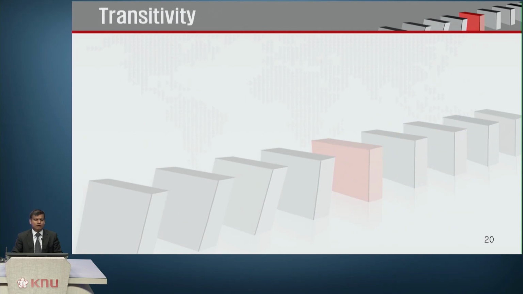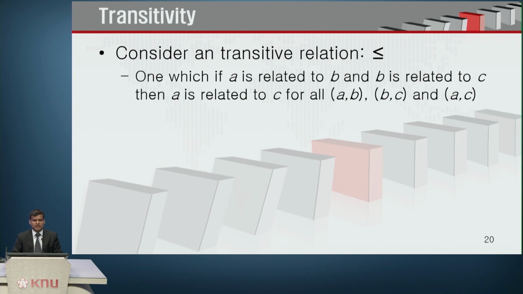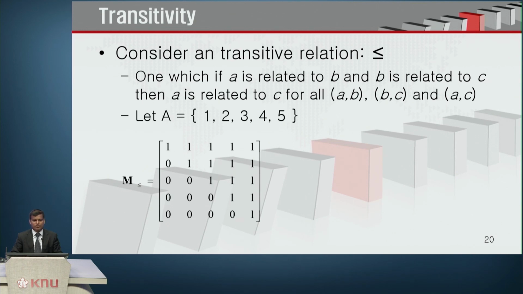Transitivity, or the transitive property, is where A is related to B and B is related to C, then A is related to C, for all A comma B, B comma C and A comma C. For this property, here again you have this relation. This looks like, for example, antisymmetry. For all the upper triangle we have 1.